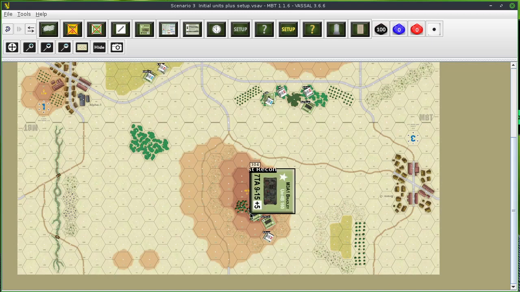Now the reason this has an effect is because I'm using staggered initiative, which means I activate units by platoon. If I activate the first recon, then during that activation, all of my first recon units can move, even if they're separated. And if I activate the second recon, then they can move, even if they're separated.